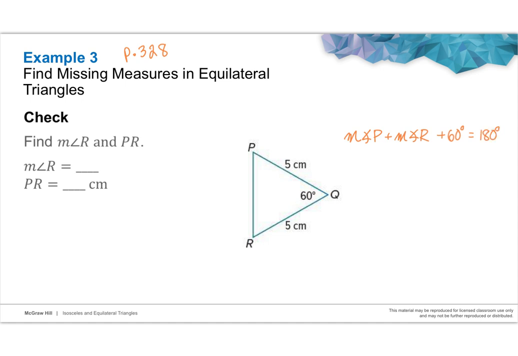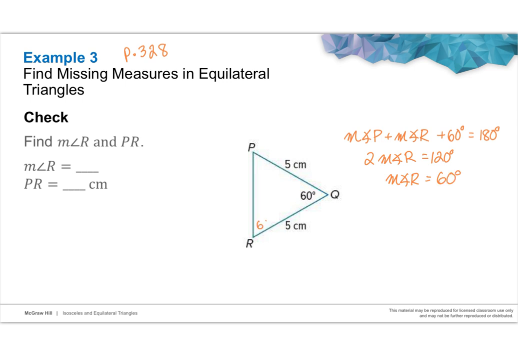But the measures of angles P and R are the same, so that's really 2 times the measure of angle R. Subtract, we get 120, and divide, and we get the measure of angle R is equal to 60 degrees.